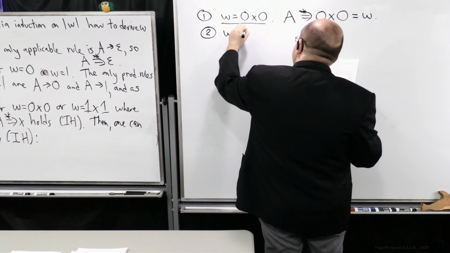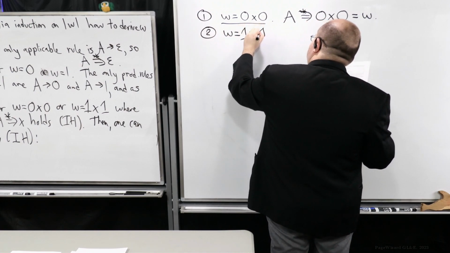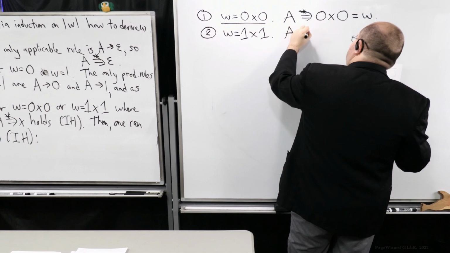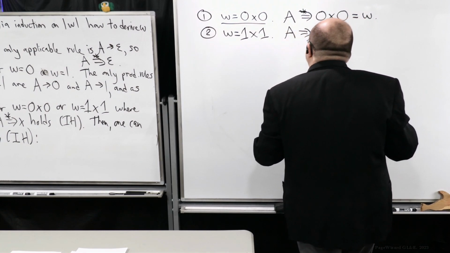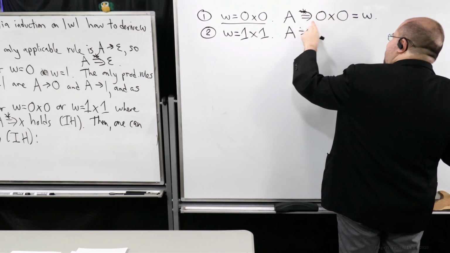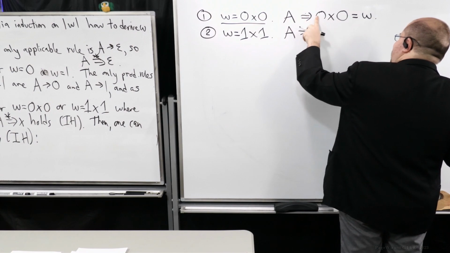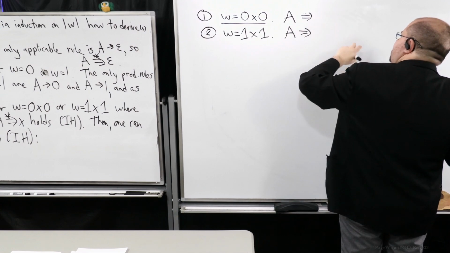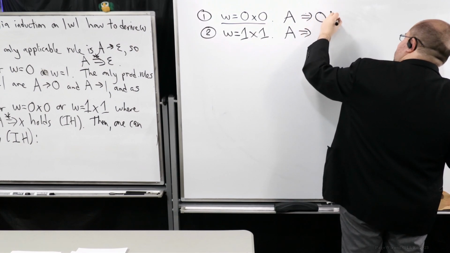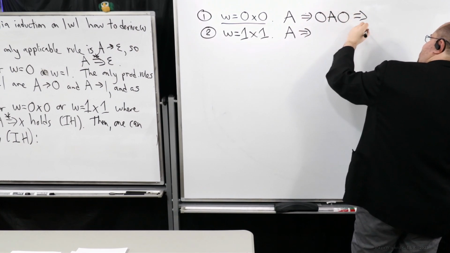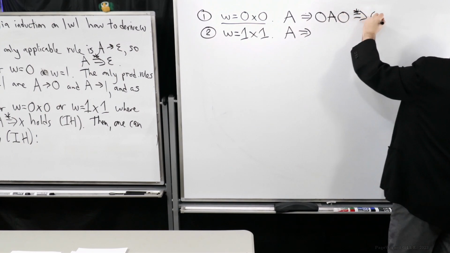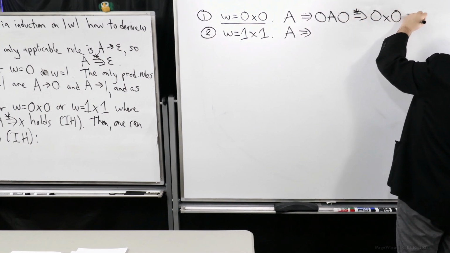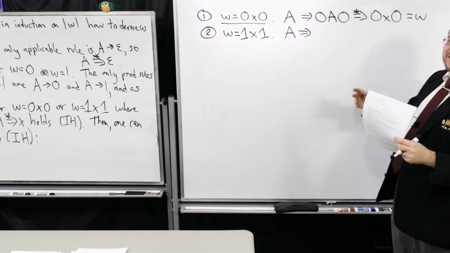Now suppose that W is 1x1. Just to make it a little bit clear, let me add a step in here, just to make it a little clearer where we're getting this from, because I think it's a little helpful to see it. There we go. I think that's a little better.